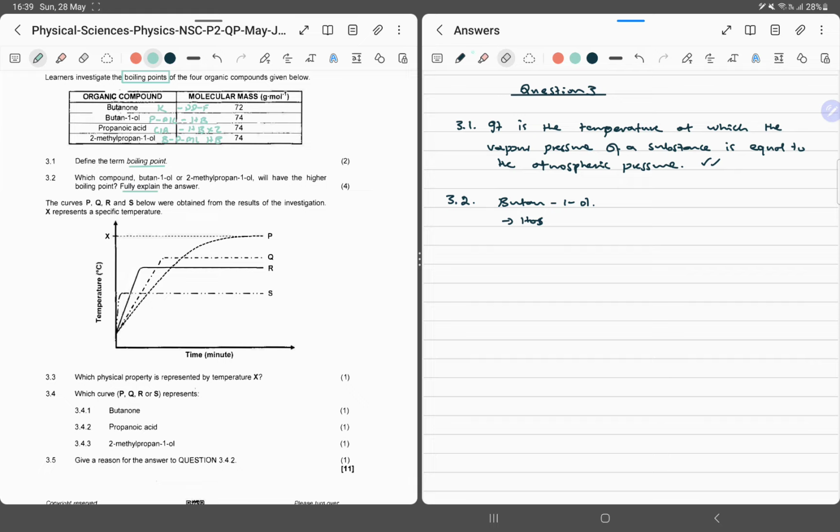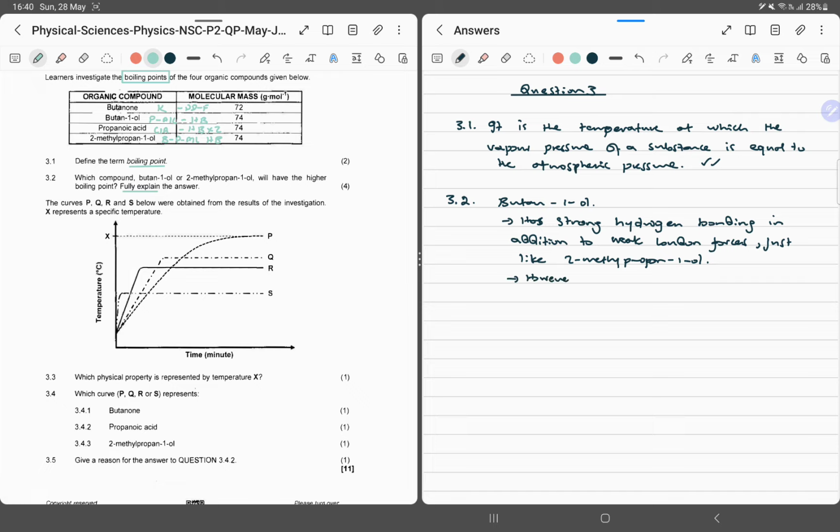So it has strong hydrogen bonding in addition to weak London forces, just like 2-methyl propane 1-ol. Okay.